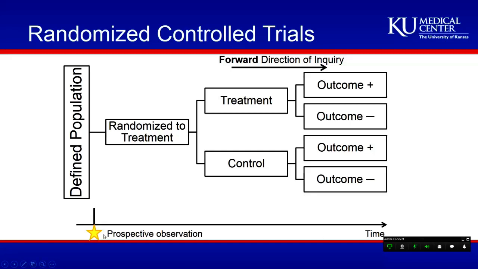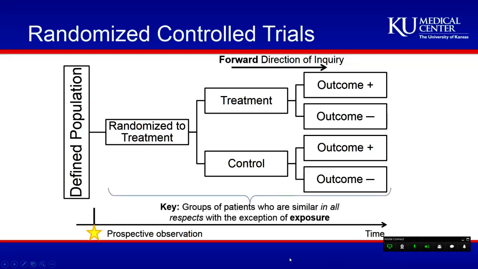Prospective observation means I'm seeing things happen in real time. Forward direction of inquiry means I see first exposure, and then I move forward and see outcome. The key to a randomized controlled trial is what I just mentioned, that the groups of patients that I'm comparing, because of randomization, because of the prospective nature of the study, because of the standardized processes and procedures I have in place, are similar in all respects, with the exception of their exposure.